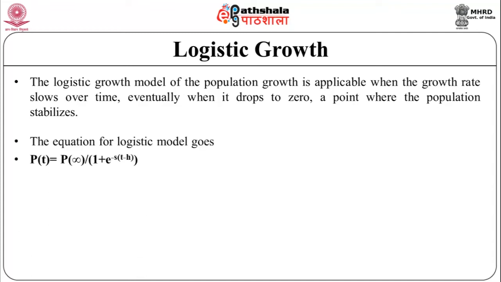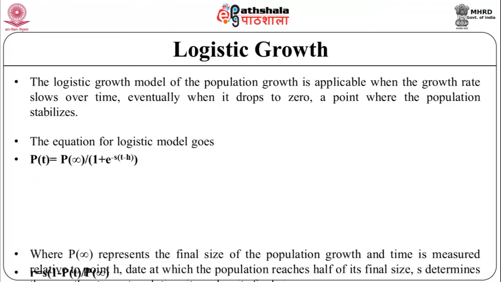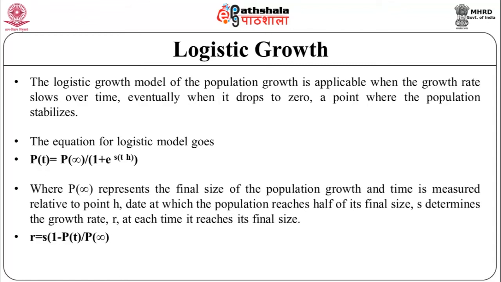The equation for the logistic model goes as P(T) = P(∞) / (1 + e^(-S(T-H))), where P(∞) represents the final size of the population growth and time is measured relative to point H, the date at which the population reaches half of its final size. And S determines the growth rate R at each time before it reaches its final size.